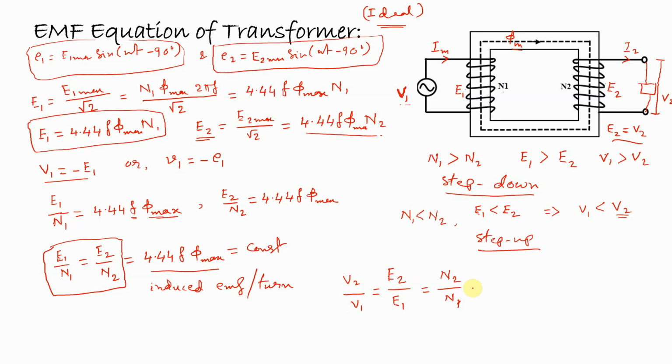So it creates a relation, and this relation is a constant represented by capital K. This is called the transformation ratio. Later, the current relation will also be included here.